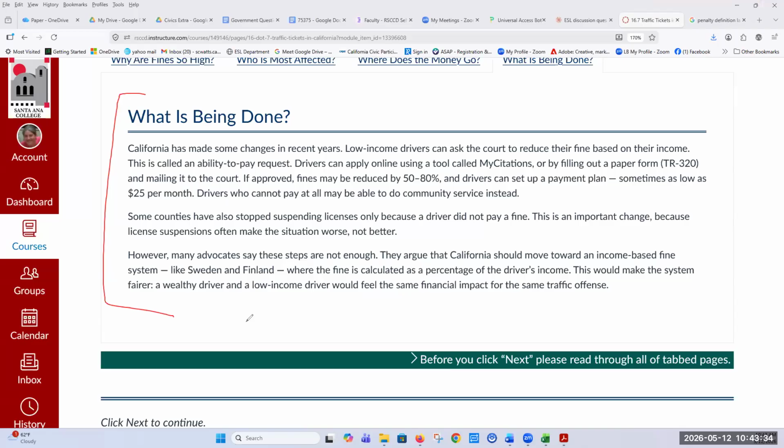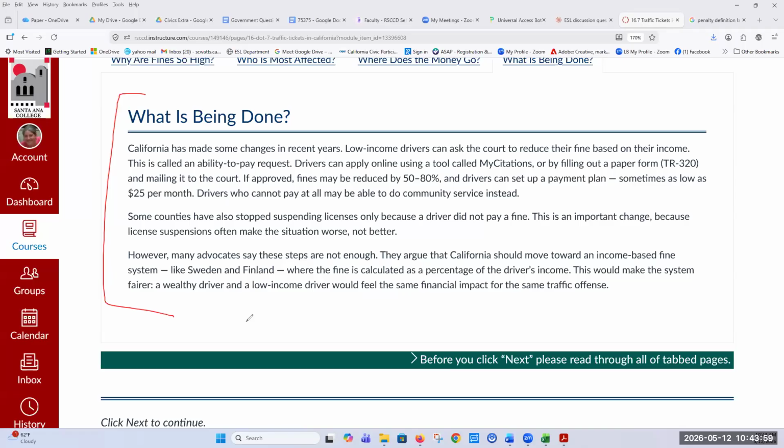If approved, fines may be reduced by 15–18%, and drivers can set up a payment plan, sometimes as low as $25 per month.